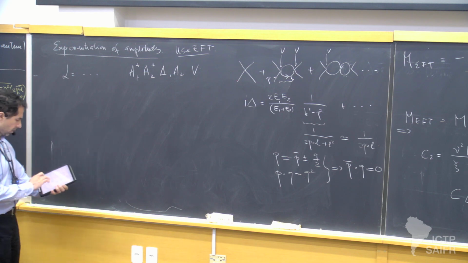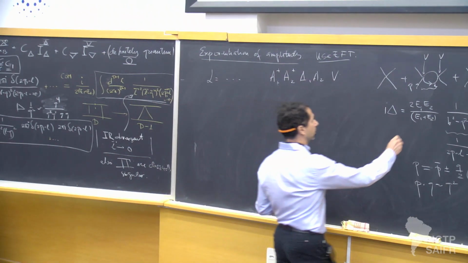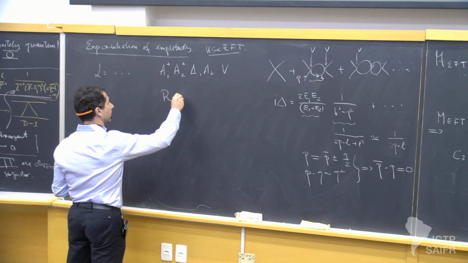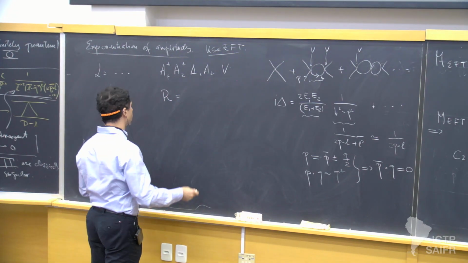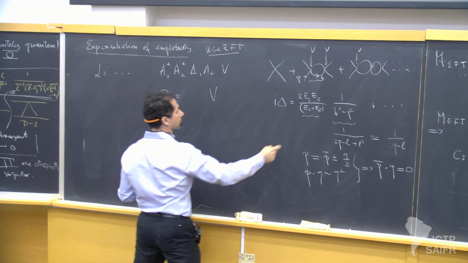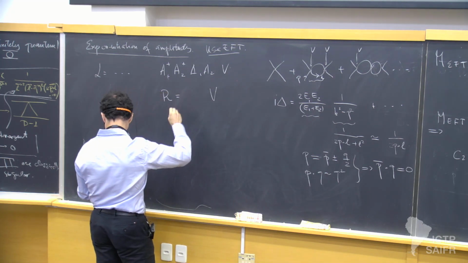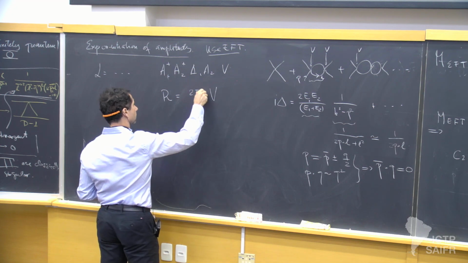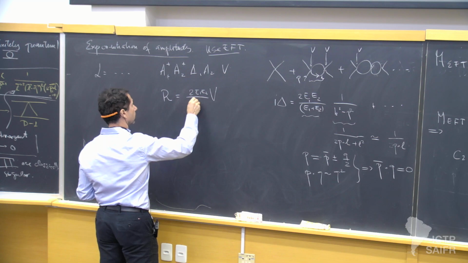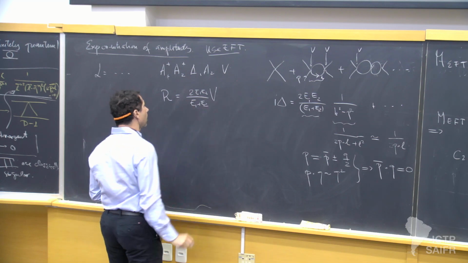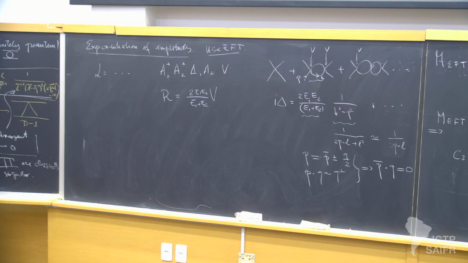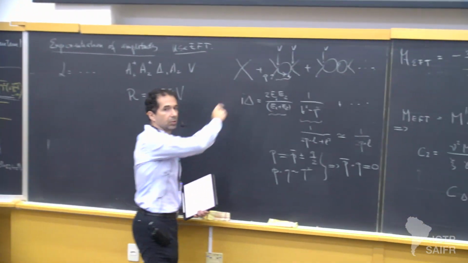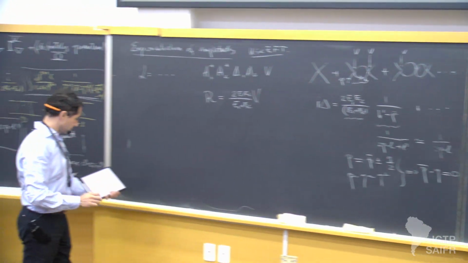All right, so there is this factor here which is a little bit annoying. So let me define a new variable, which I'm going to call R, which is V times this thing, 2E1, E2 over E1 plus E2. All right. So having said this, we can write a generic term in this series.